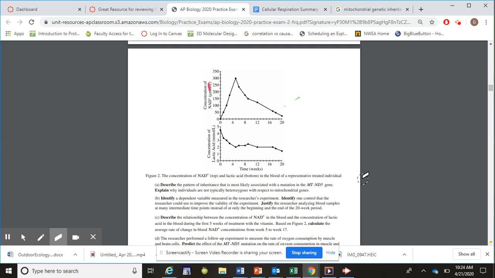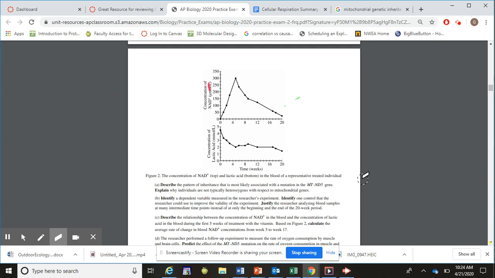Identify one control that a researcher could use to improve the validity of the experiment. So they're trying to see how people with a mutated MTND5 gene break down NADH and turn it into NAD plus, and how that affects their lactic acid concentration.